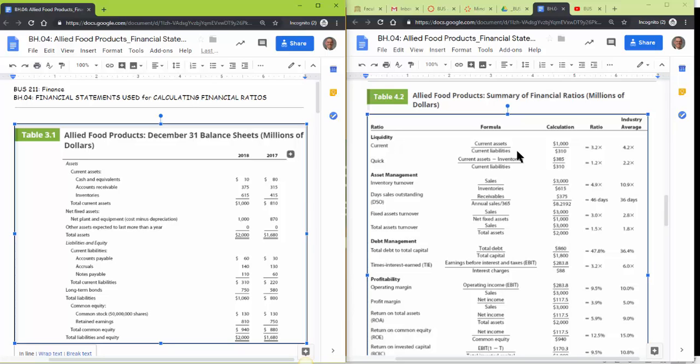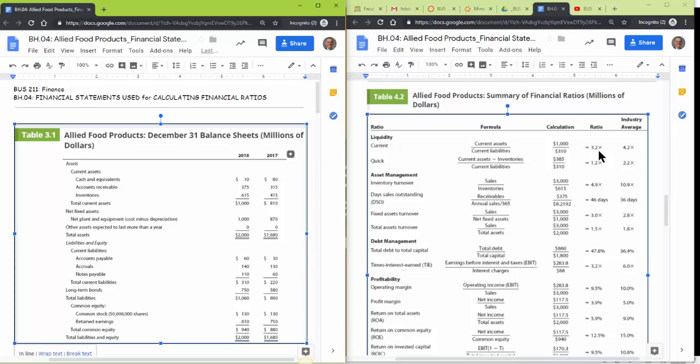For the Allied Food Products Company, the total current assets would be found from the current portion of the balance sheet, in this case $1 billion, and divided by the total current liabilities, which is found by viewing the current liability section of the balance sheet and getting the figure current liabilities, $310 million in this case. Dividing $310 million into the $1 billion of current assets gives you a ratio of 3.2 times.